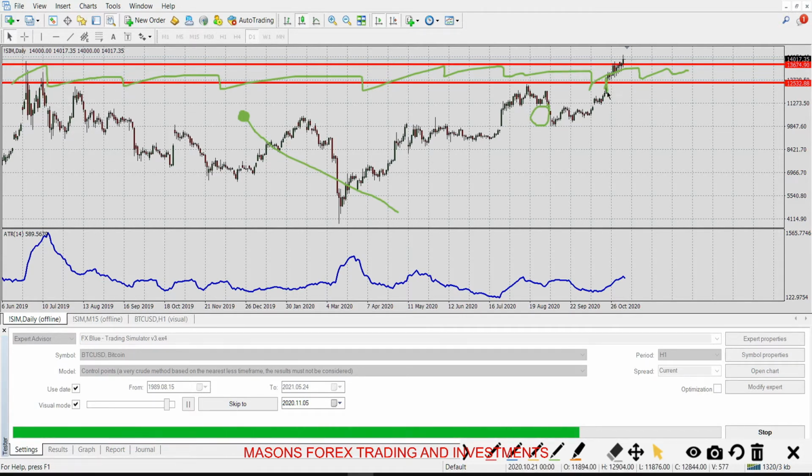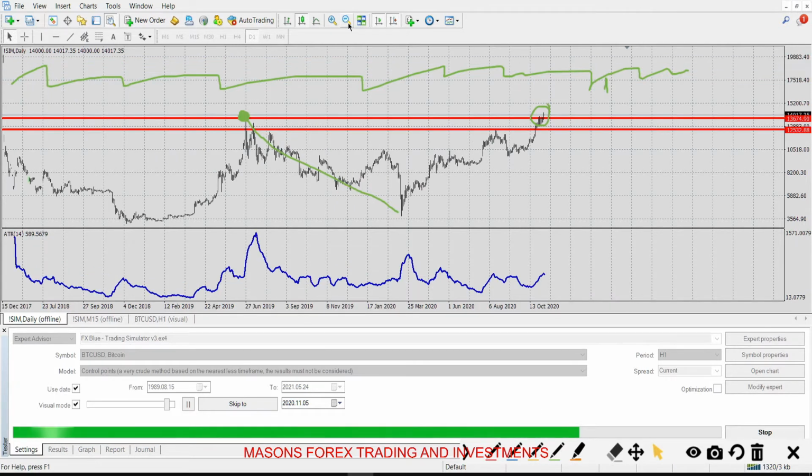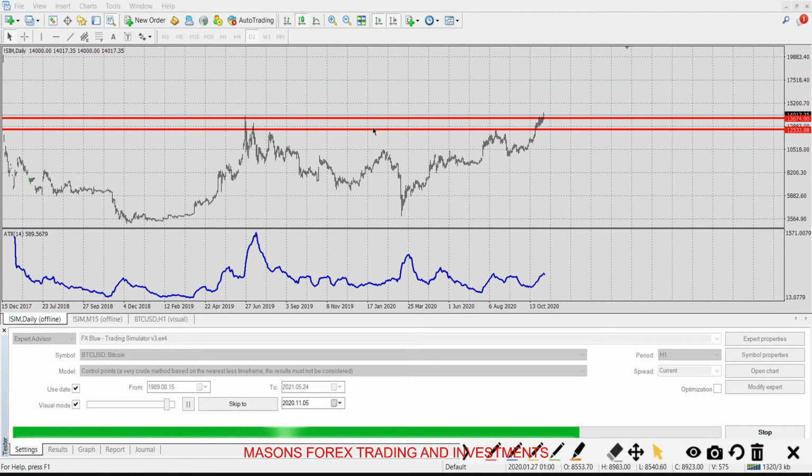You'll see that we actually broke out of this candle here. Furthermore, there's an expectation for price to push up higher from the daily chart. We're going to be using the 1 hour charts for our testing.